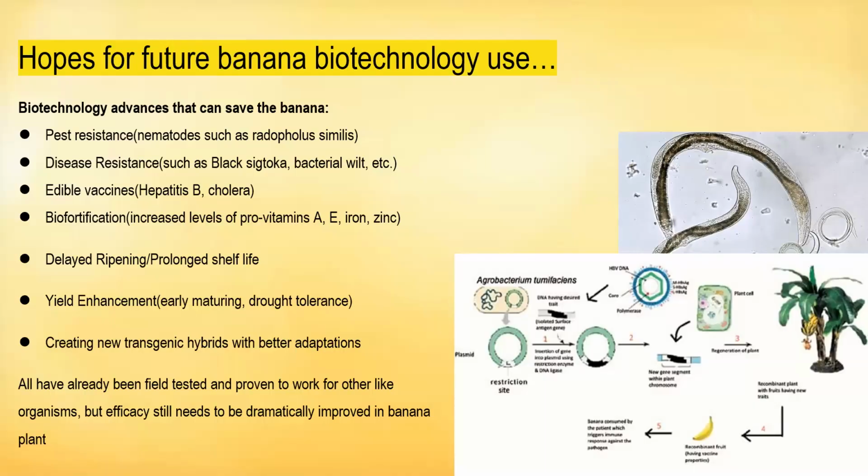Anyways, banana biotechnology, very hopeful industry. It's coming up. Electroporation is one of the best ways to introduce CRISPR into cells. There's also Agrobacterium tumefaciens, which is another good example of a viable technique these biotechnologists use to insert their desired genes in the cell.